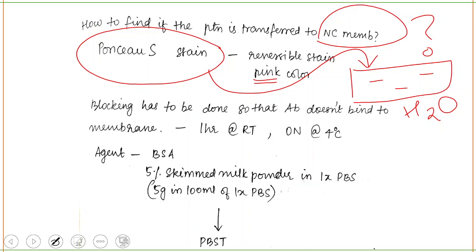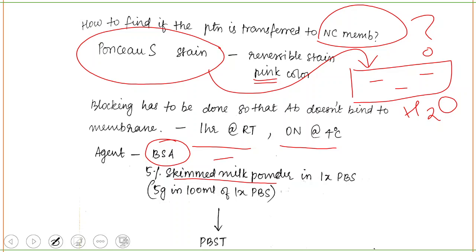Blocking has to be done so that the antibody does not bind to the membrane. For that, you can do 1 hour at room temperature, or else overnight at 4 degrees Celsius. And what agent will you use? You can use BSA, bovine serum albumin, or you can use skimmed milk powder.